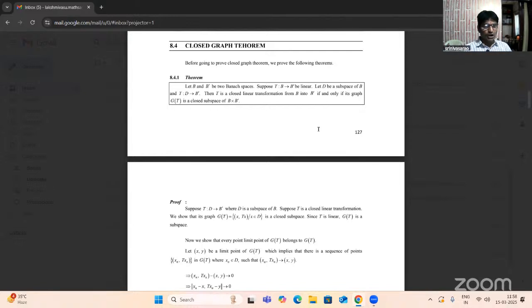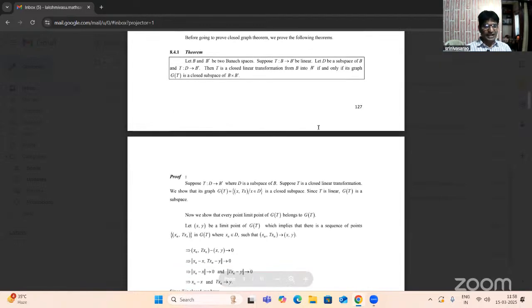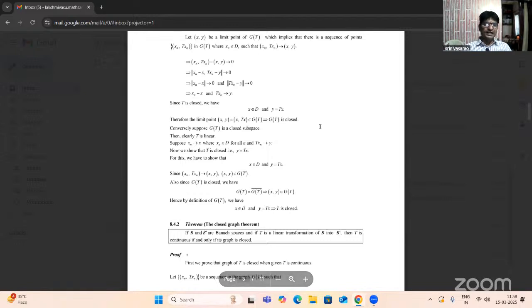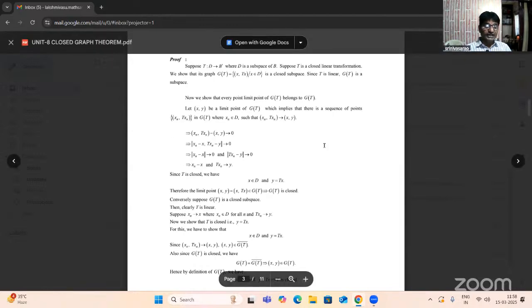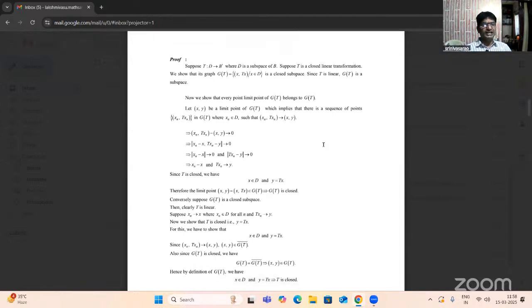Okay. Now, at the end of this session, in tomorrow's class we will explain the closed graph theorem and applications, and some other operators are also here. What is an inner product space, and the triangle inequality, the Cauchy-Schwarz inequality, and these are all very important in the remaining units.